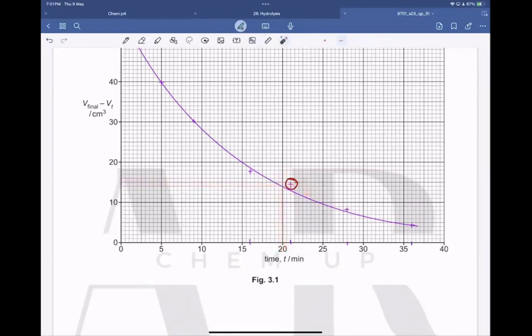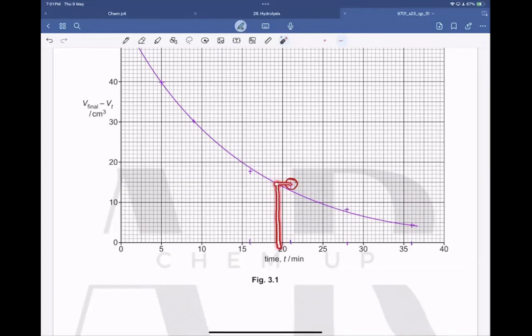So is this understandable? If you see, if the volume is correct, then the volume must be on this point, right? And this is the change in volume, not the actual volume.